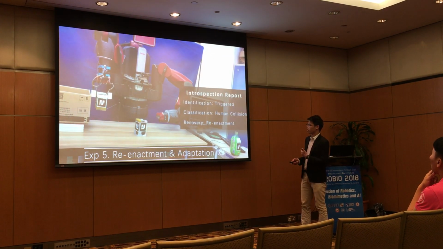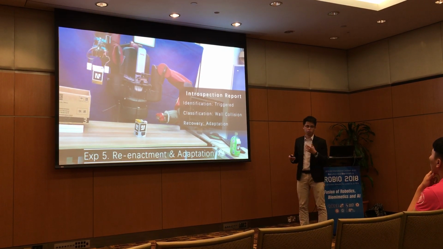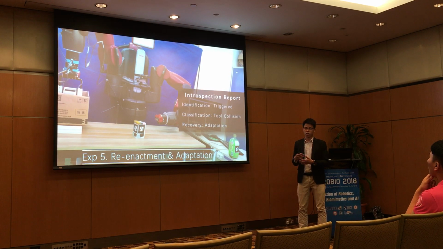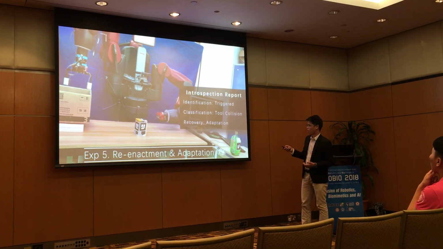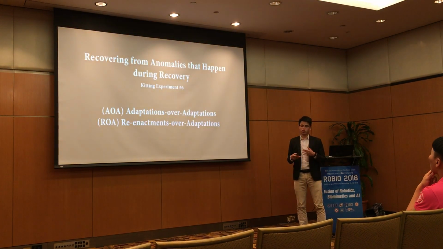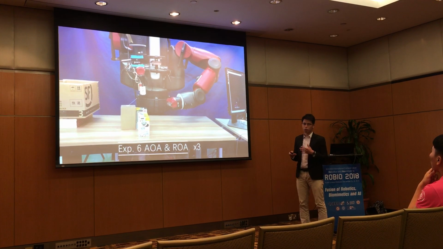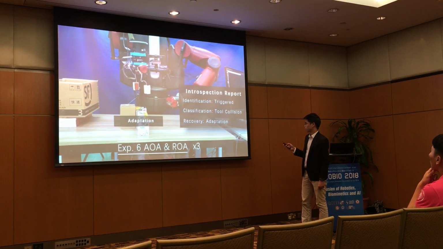I think now we are at the first step of combining anomaly detection, anomaly classification, and recovery. Now we are improving our system to include more and more recovery skills, and we also try to add more and more anomalies.